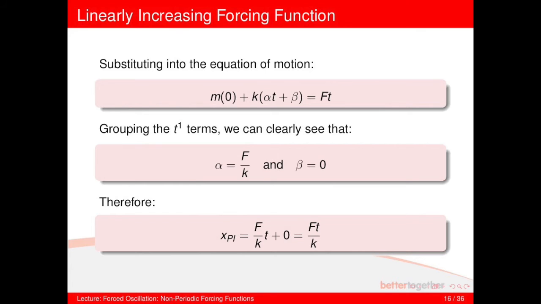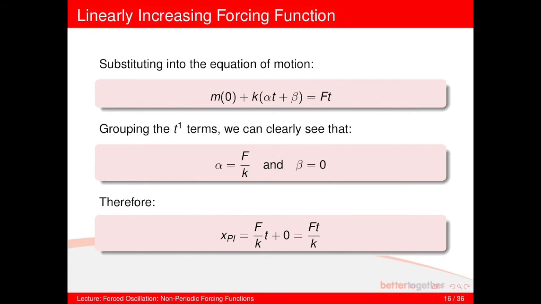F t. Well, what you can do to find alpha and beta is group the terms together. Anything that's got a t in, you can set equal to F t. And anything that's got t to the 0 in, you can set equal, in this case, to 0. So it's quite clear to see that alpha is F upon k and beta is 0.